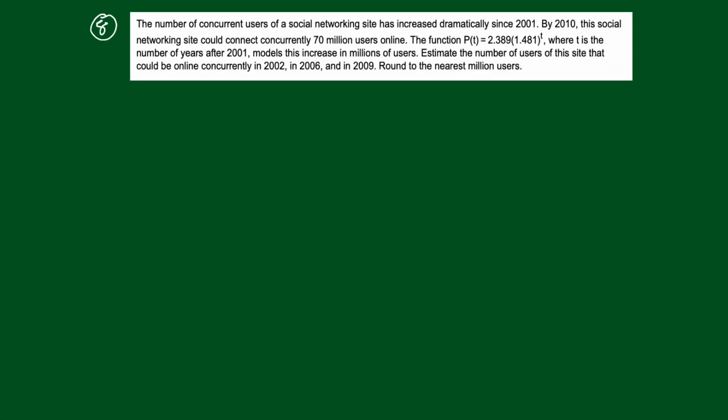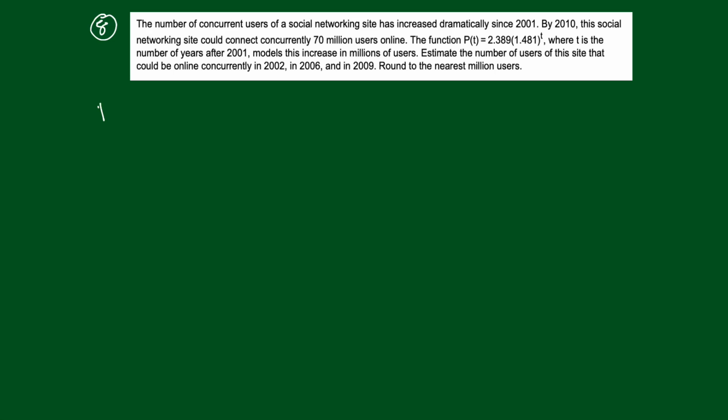Problem number 8 tells us that the number of concurrent users of a social networking site has increased dramatically since 2001. By 2010, this social networking site could connect concurrently, at the same time, 70 million users online. Now, this function right here, I'm going to write that function.